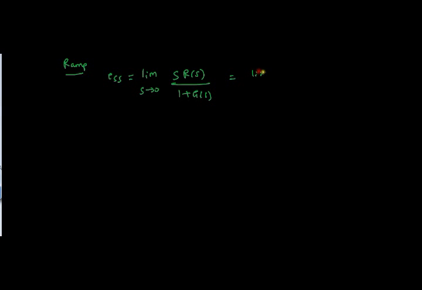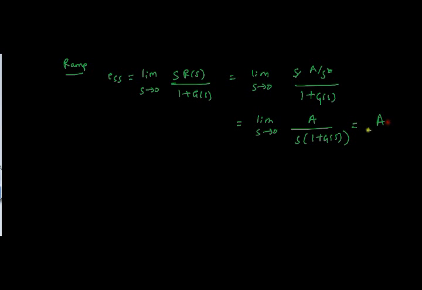So this will become limit of s tends to 0 of s into A by s square upon 1 plus G(s). So one s gets cancelled here, we get A upon s into 1 plus G(s), which can be written as A upon s plus s into G(s).